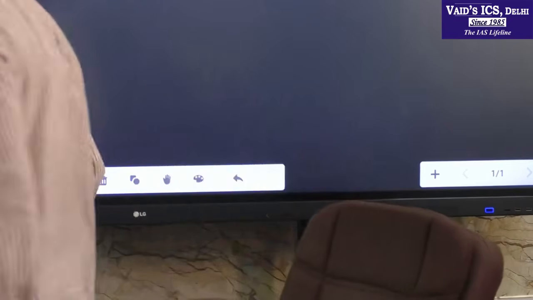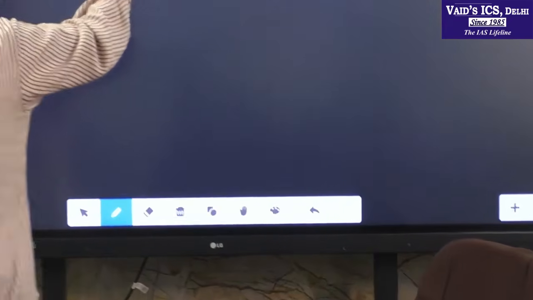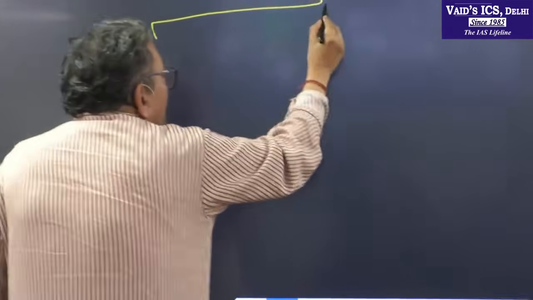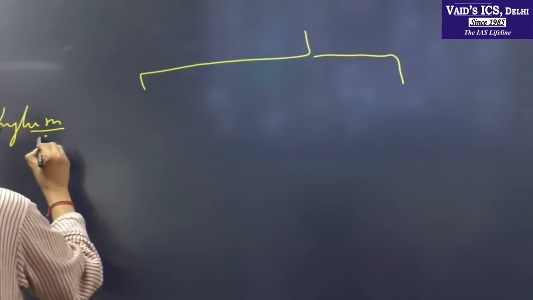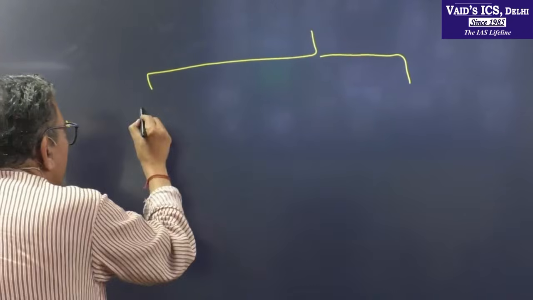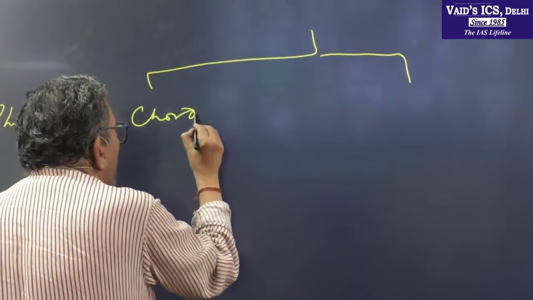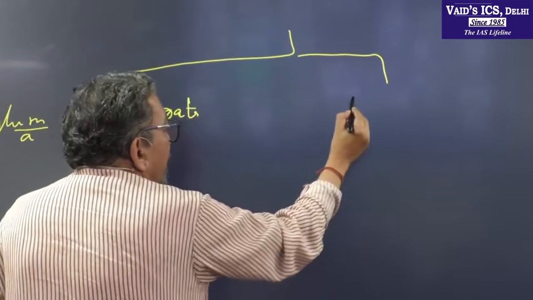We belong to animal kingdom. Animal kingdom is divided into 2 phyla. Singular is phylum, plural is phyla. Chordata and non-chordata.